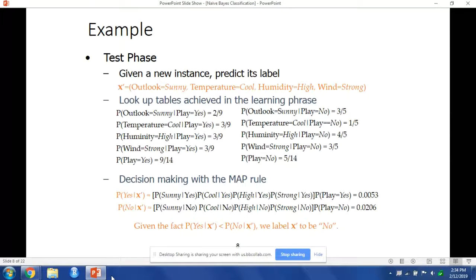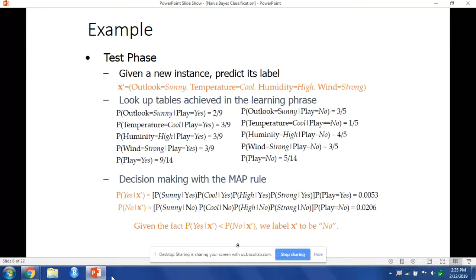So we multiply the 4 probabilities together and get a probability of 0.0053. Then we do this for the probability of no given our test case. So we multiply those 4 probabilities together and we get a probability of 0.0206.